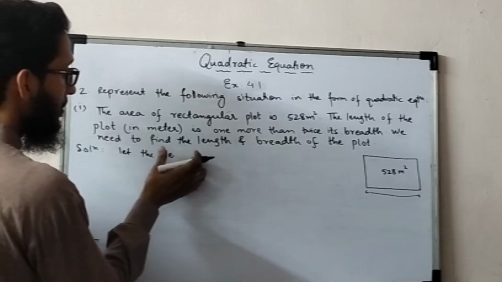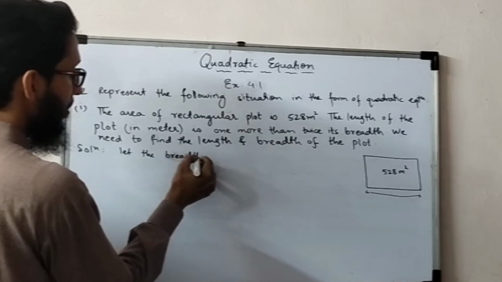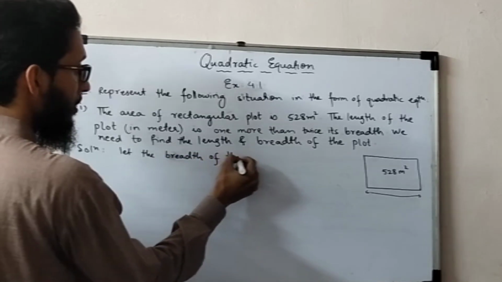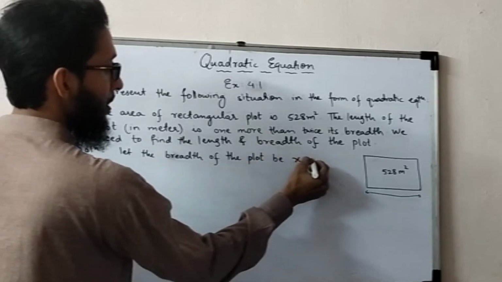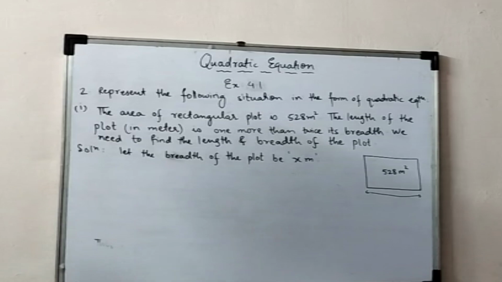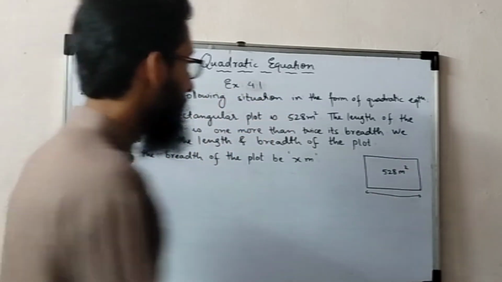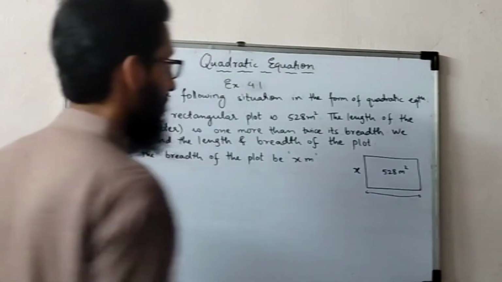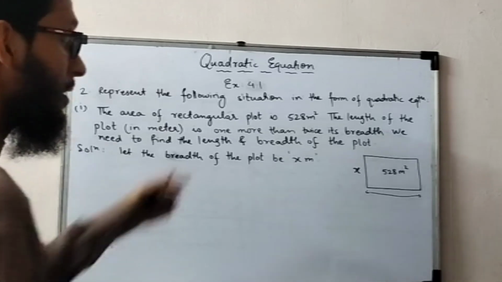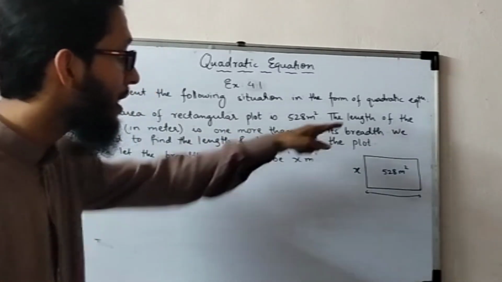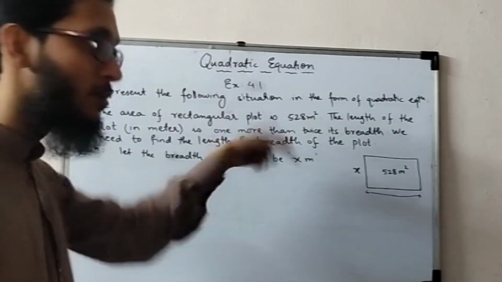Let the breadth of the plot be x meter. We have assumed that the breadth of the plot is x meter. It is already mentioned in meters. ये हमने ब्रेथ को क्यों अज्यूम किया? क्योंकि लेंथ को कंपेयर किया गया है ब्रेथ से, तो जिससे कंपेयर किया जाता है उसको अज्यूम किया जाता है.